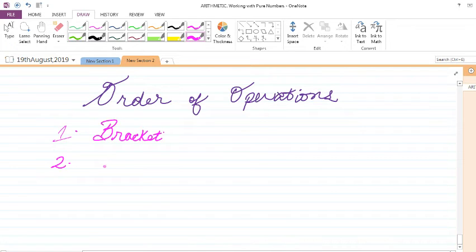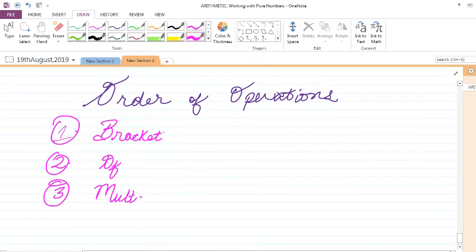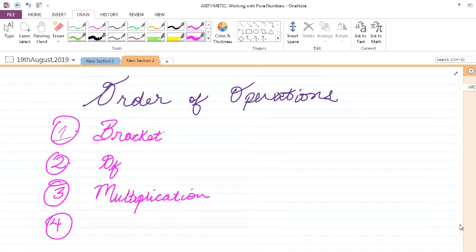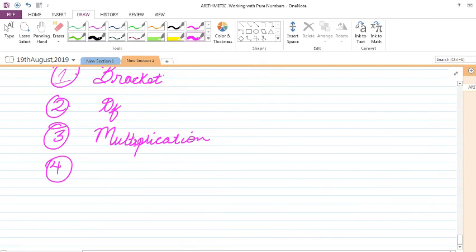Then secondly, it tells about something called of. The wise teachers will teach BOMDAS and not BODMAS, so you get BOM. Multiplication must be done next. Then fourth, division.